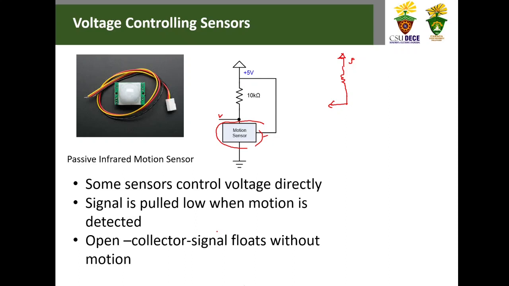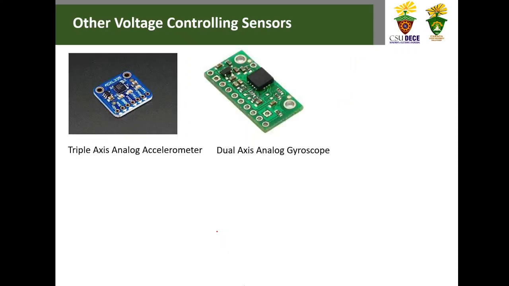Other voltage controlling sensors besides this PIR sensor are the triple axis analog accelerometer and the dual analog gyroscope. This type of sensor is used to detect the orientation of a device. One example application is the quadcopter, where orientation is vital for stability.